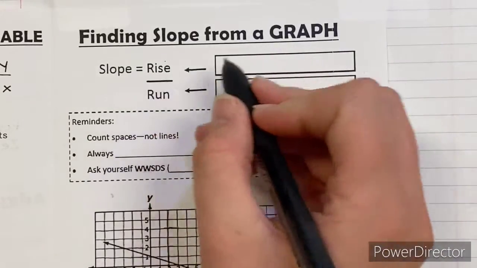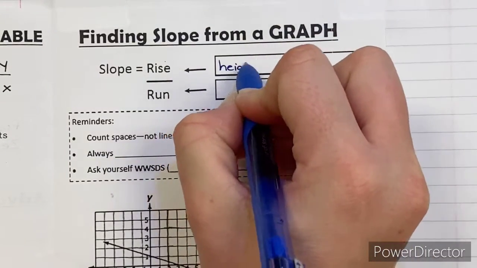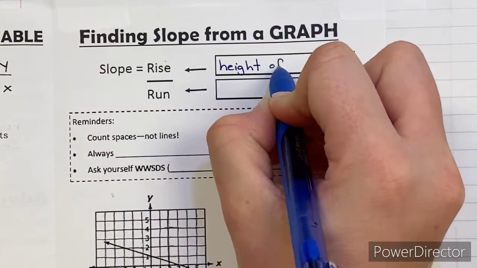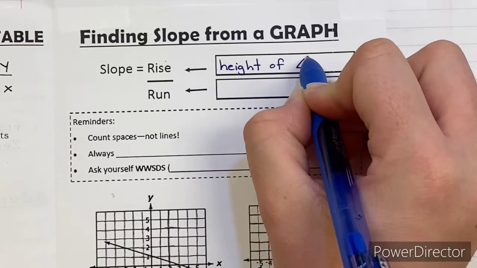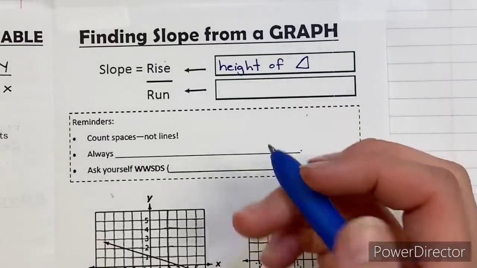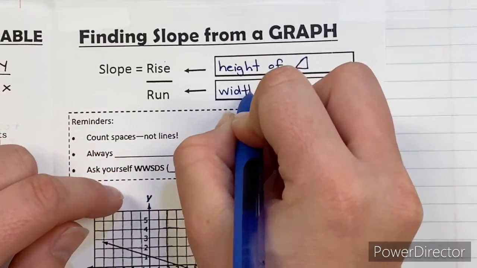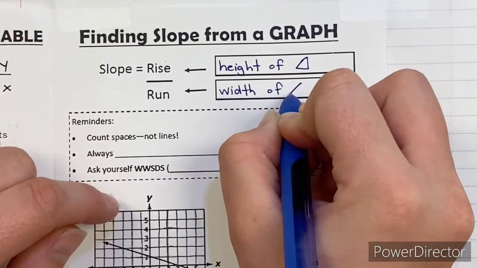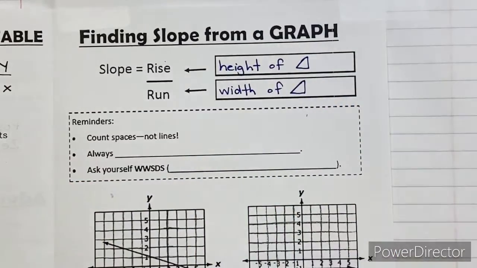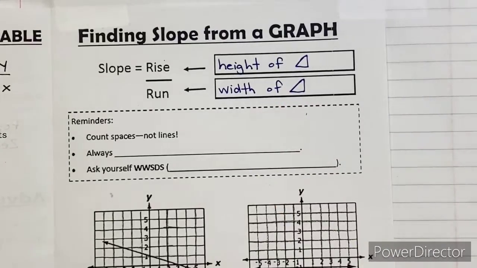So the rise part is the height of the triangle that you're going to draw. And the run would be the width of the triangle that you're going to draw. Which will make sense in just a second. I just want you to have that written down.